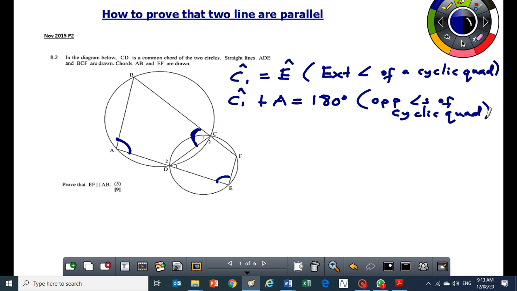Alright? Okay, I hope you can see that. Now what this means is, I'm sure you can see that we have got C1 here and we have got C1 there.